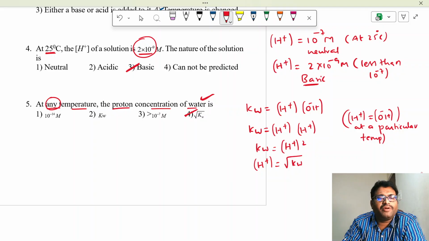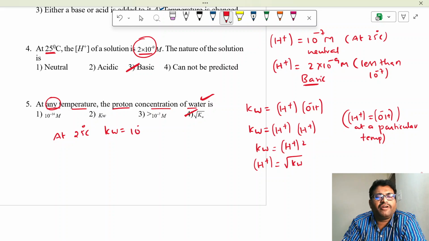For example, we know that at 25 degrees centigrade, Kw is equal to 10 power minus 14. So H plus ion concentration is equal to root Kw, which is equal to 10 power minus 7.